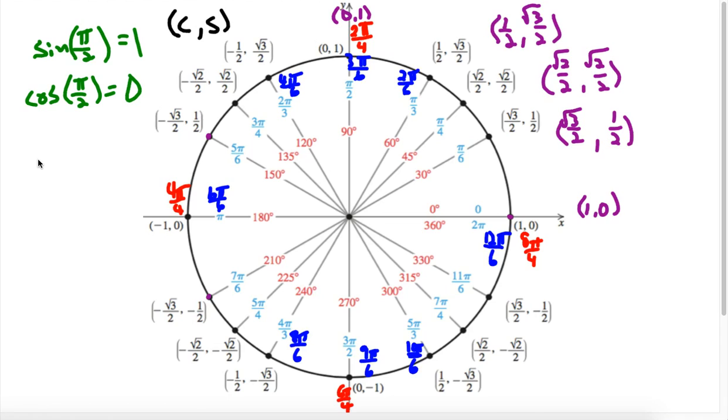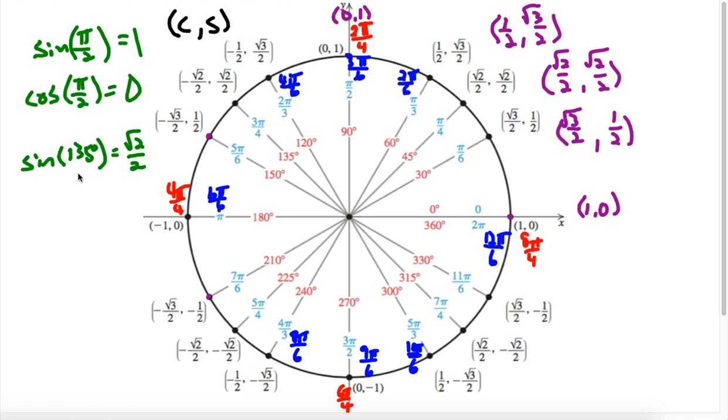If I want, say, the sine of 135 degrees, well, I'm looking at the y coordinate at 135, so that would be square root of 2 over 2. And you will sometimes see our angles given in radians.